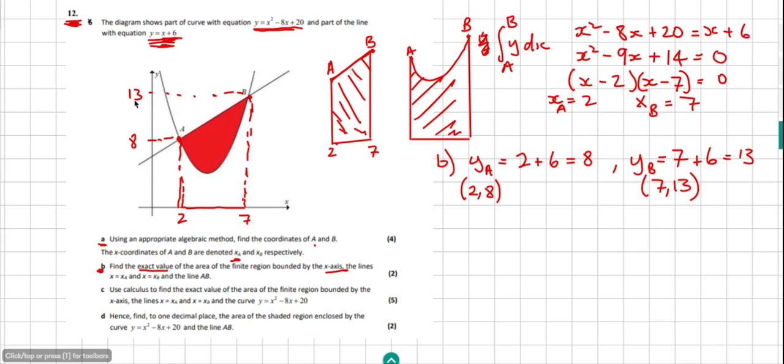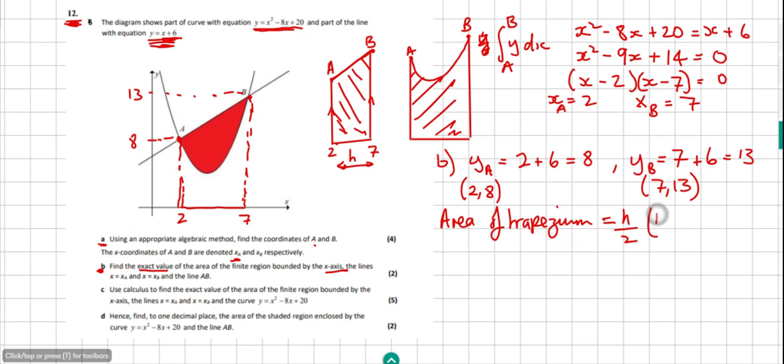So to find this area, we can use the formula that the area of a trapezium is given by h over 2, where h is the height, which we actually mean this distance here, and then the sum of the two parallel sides.